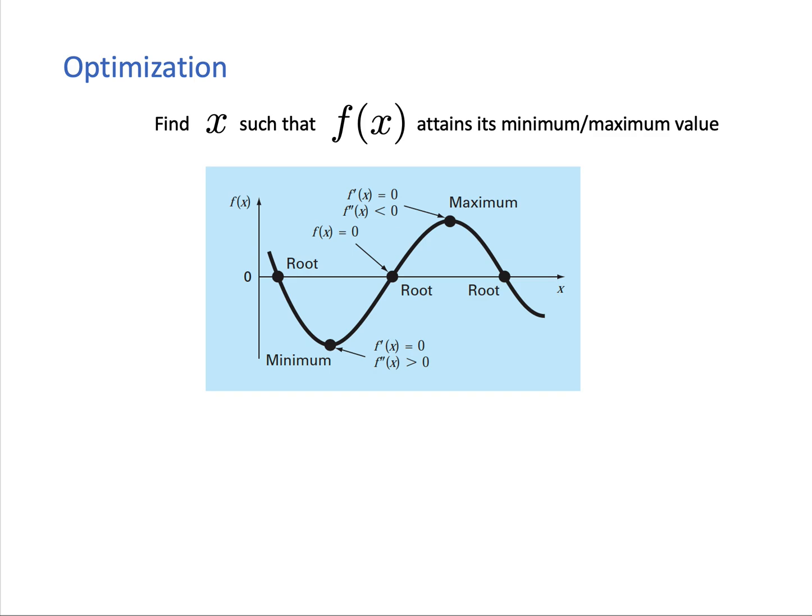So, a typical optimization problem relates to finding the minimum or maximum of a function, right? Optimization refers to both minimization problems and maximization problems. What does that mean?